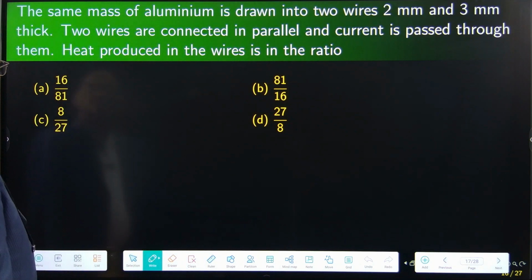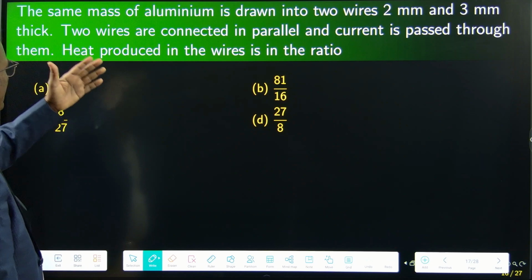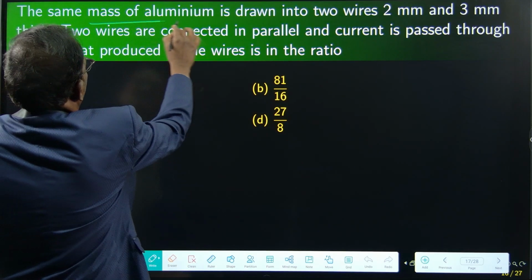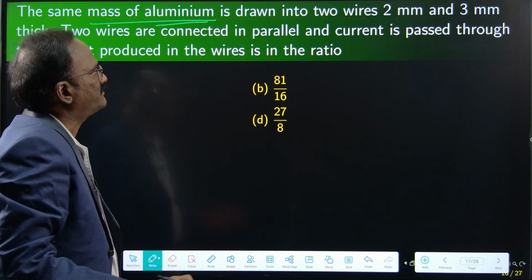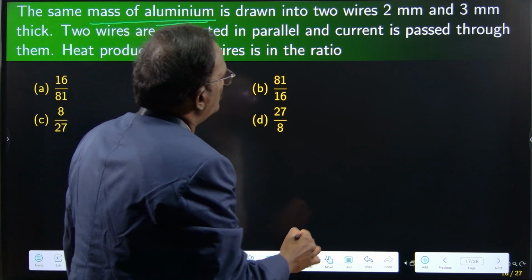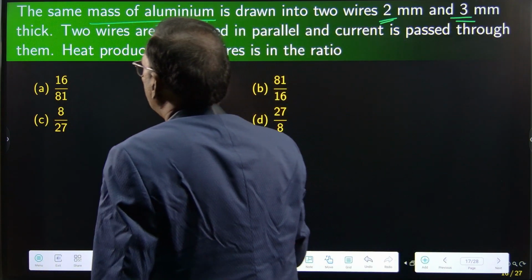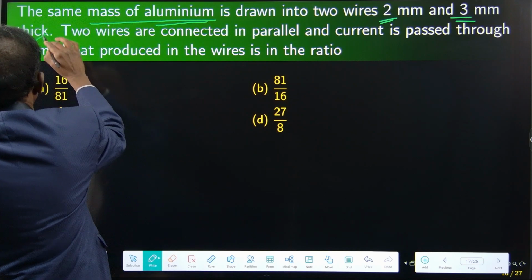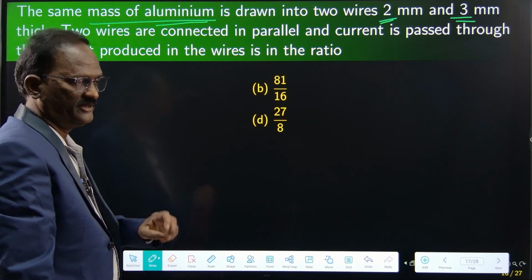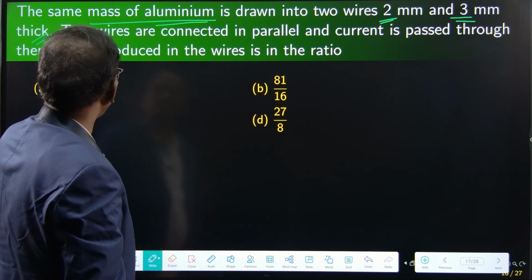Okay, similar problem. The same mass of aluminium, material same and mass same, is drawn into two wires, 2 mm and 3 mm thick. Thickness means diameter is given.